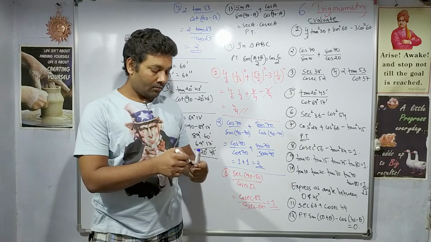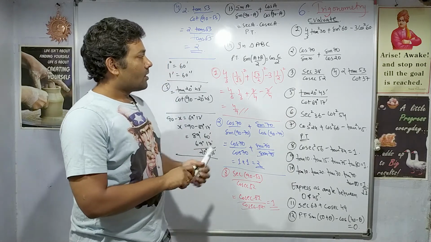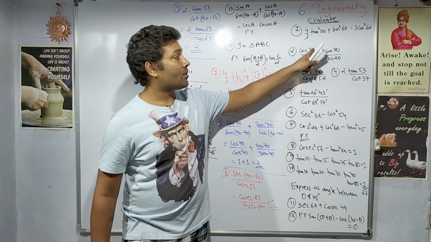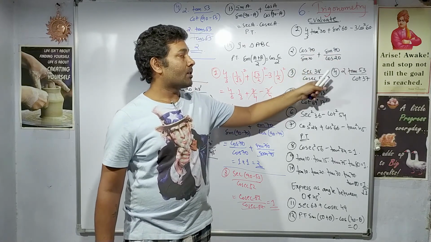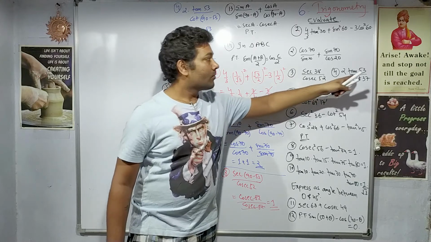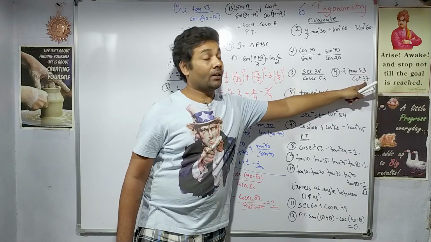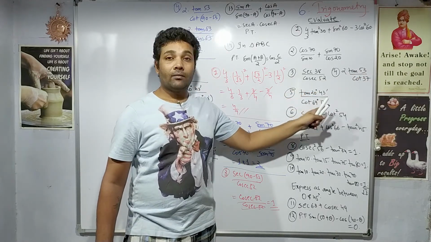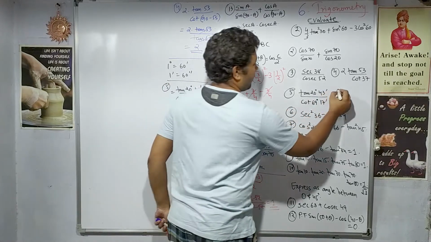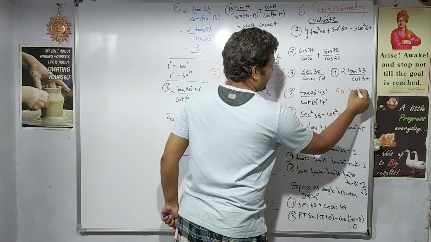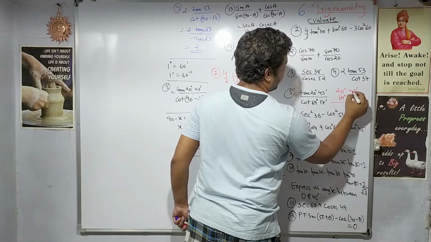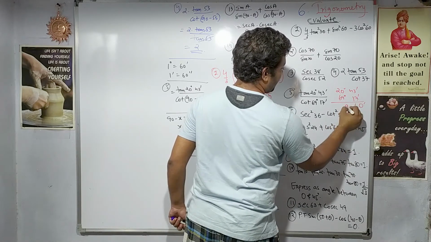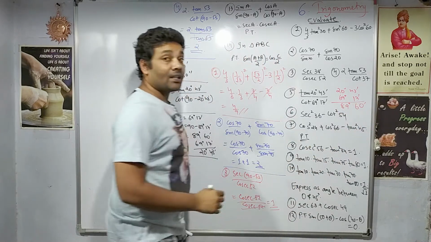Let's check. 70 plus 20 is 90, 38 plus 52 is 90, 53 plus 37 is 90. Now add 20 degrees 43 minutes and 69 degrees 17 minutes: 89 degrees and 60 minutes.